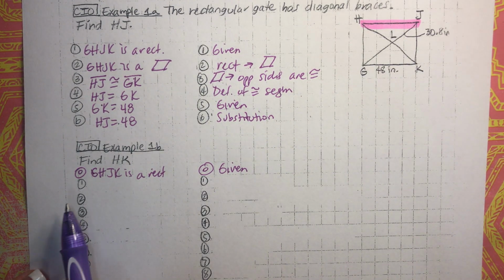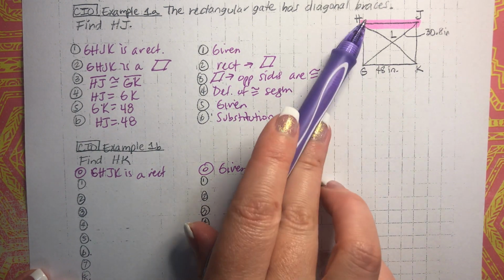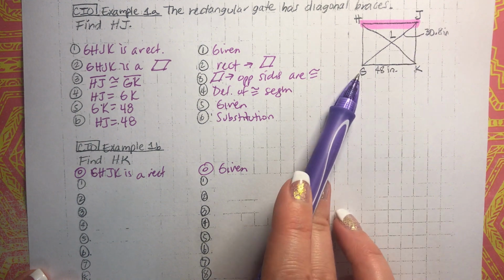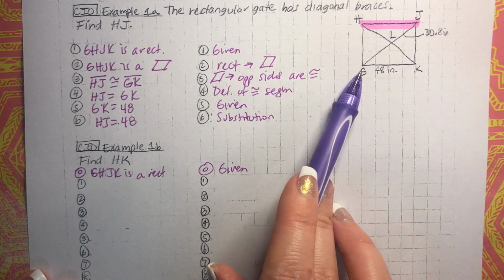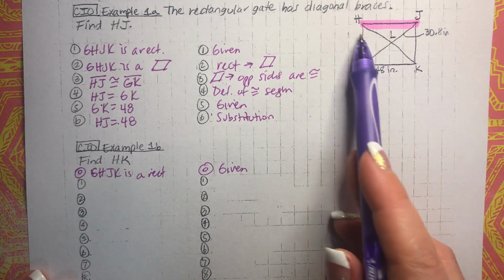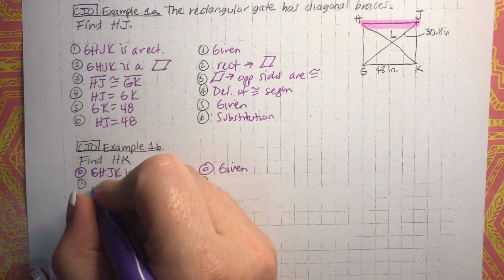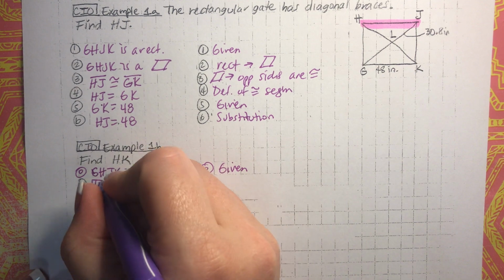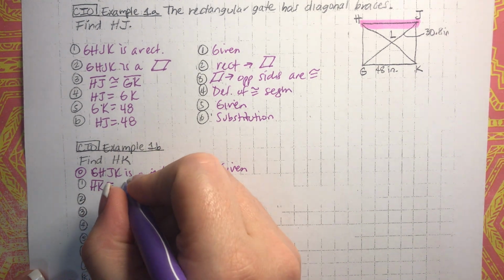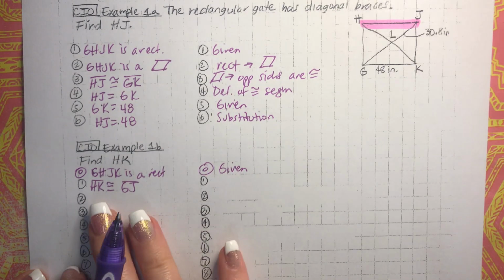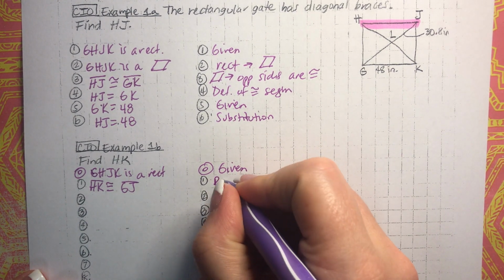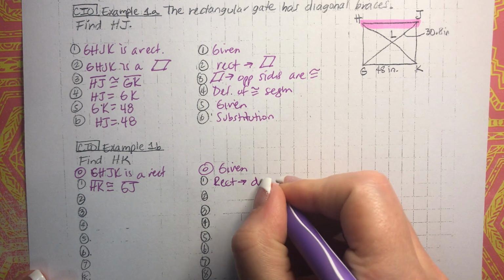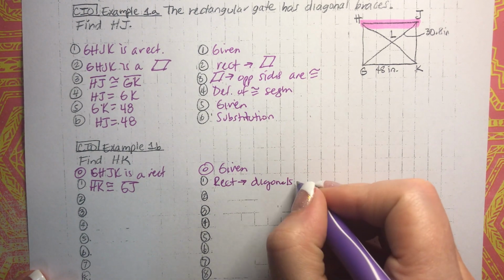Perfect. And then if it's a rectangle, what do we know? We know that these two whatchamacallits, these diagonals, are congruent. And since we have this diagonal information, I'm just going to start there. So I'm going to say HK line segment is congruent to GJ, because if it's a rectangle, then the diagonals are congruent.